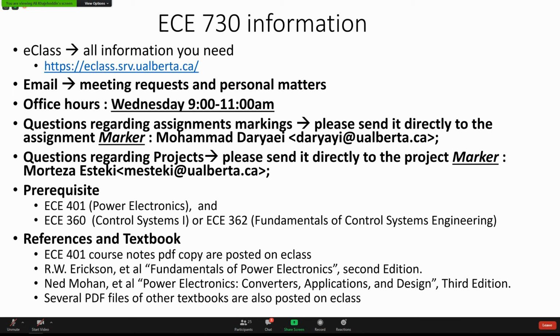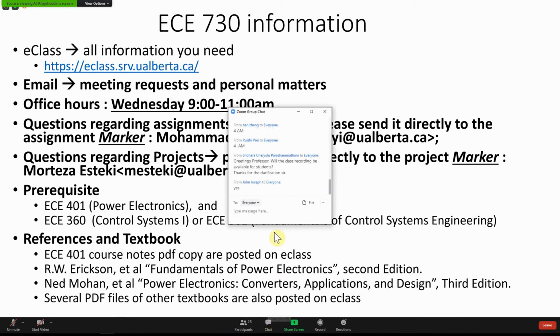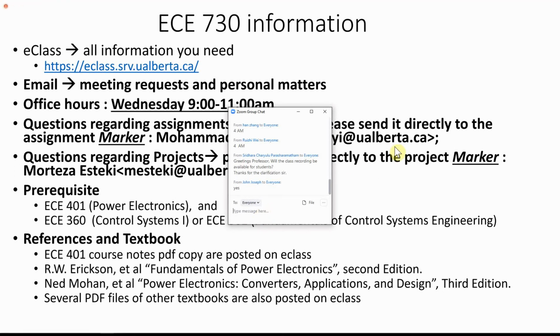The other books that are also important, and we'll be using them from time to time, are Erickson Fundamentals of Power Electronics, and also Ned Mohan Power Electronics: Converters, Applications, and Design. So some parts of these books are used, and then the rest of the course is taken from journal papers and also from other resources.